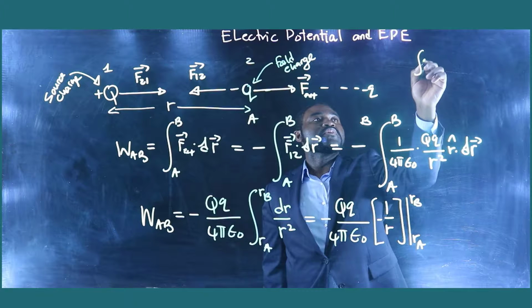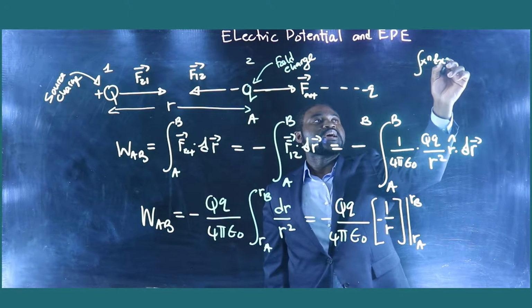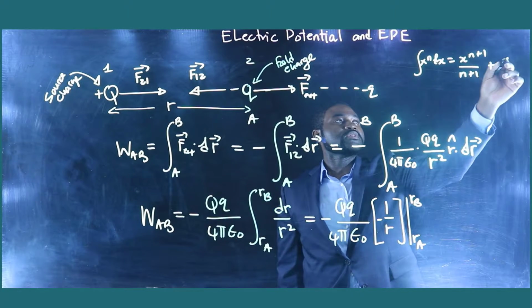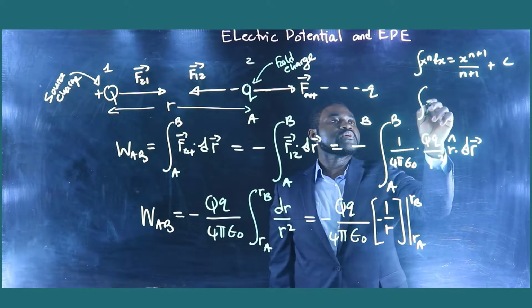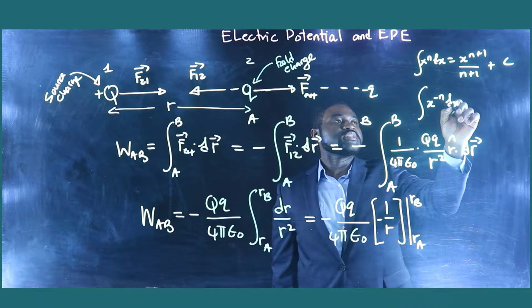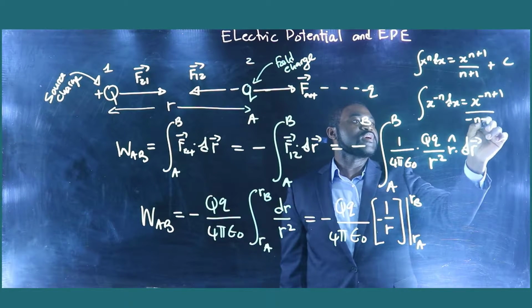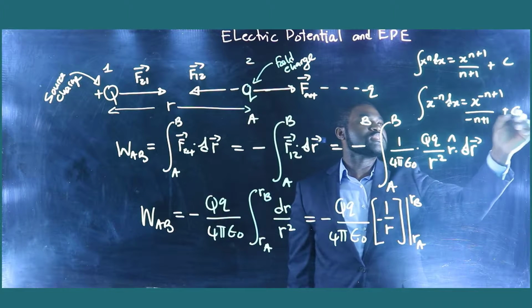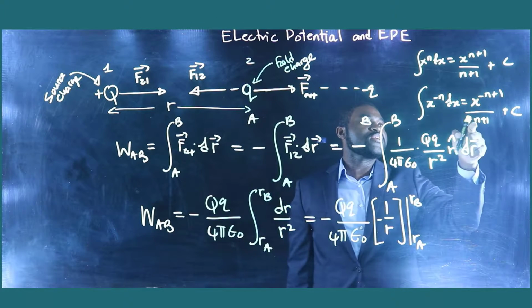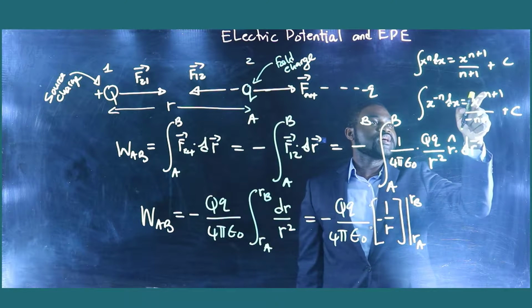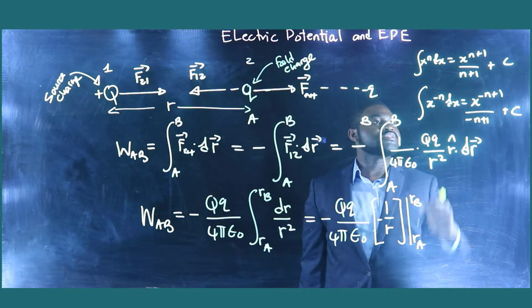Recall that the integral of x raised to the power n dx is just x to the n plus 1 divided by n plus 1, plus c. So the integral of x to the negative n dx is x to the negative n plus 1, plus c. So if n is equal to 2, you will have r raised to the power negative 1 over negative 1.